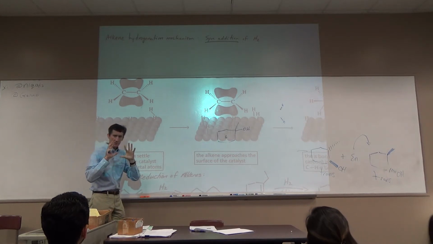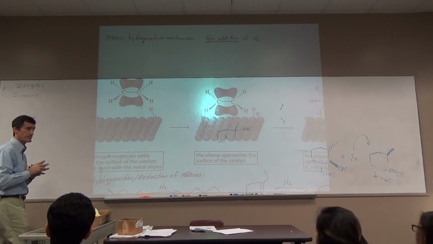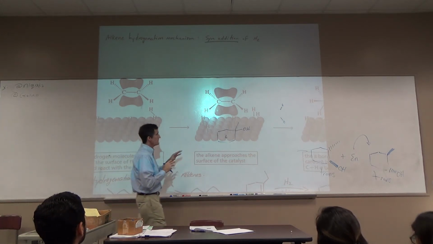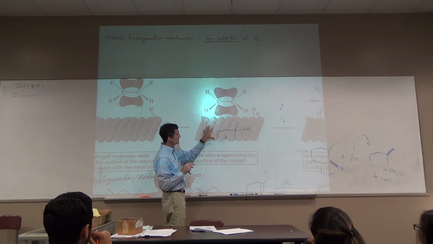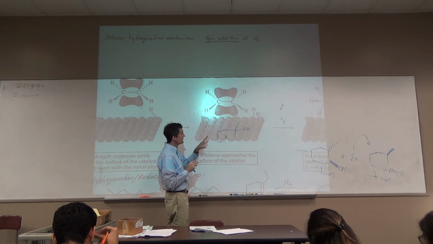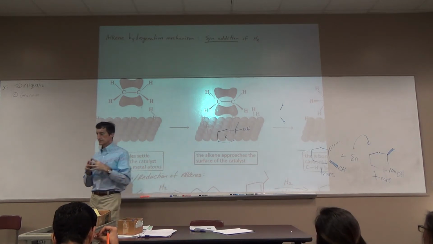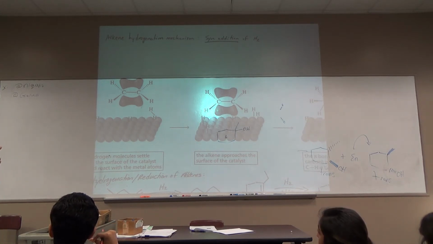And then here's where it gets a little bit fuzzy, and I don't think the exact details are known. But through the interaction of the hydrogen with the metal surface, the hydrogens become almost, okay, let's oversimplify, they almost become separated and then like darts.